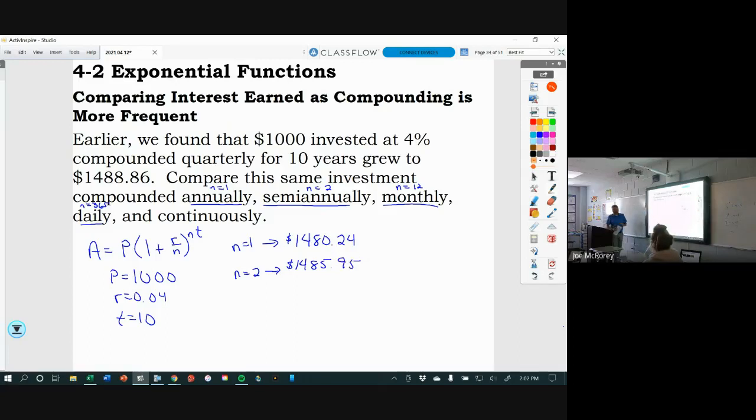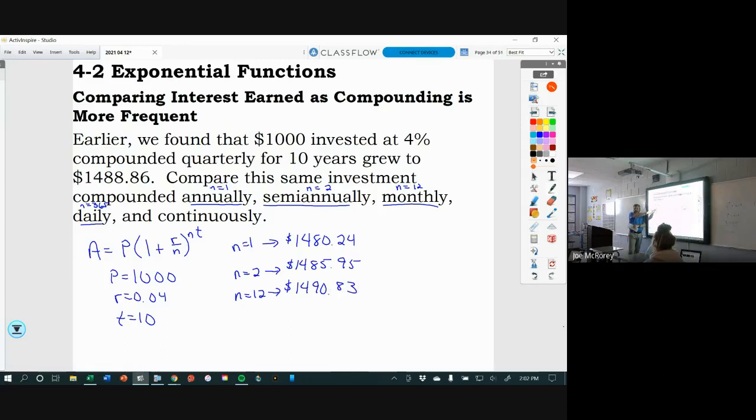What's happening is n gets bigger, it increases. N is 1, 1480. N is 2, 1485. N is 4, 1488. Monthly, n is 12, we will have $1,490.83, which is more than quarterly, which makes sense.